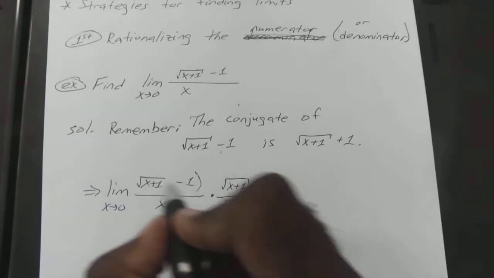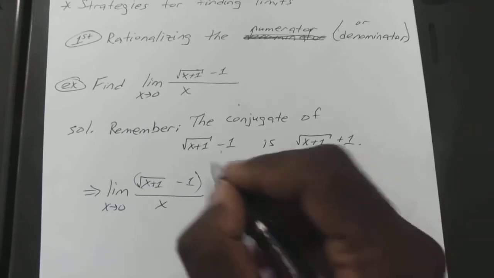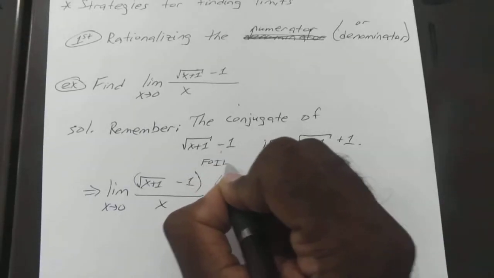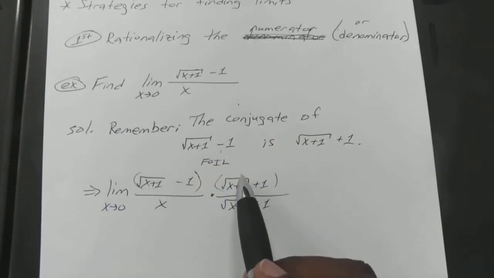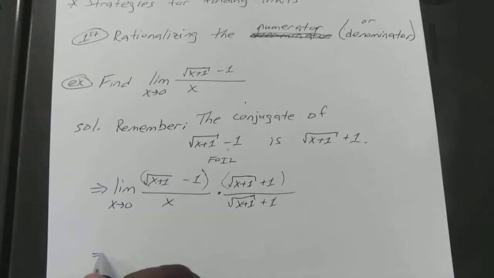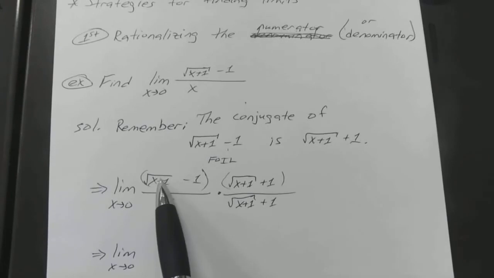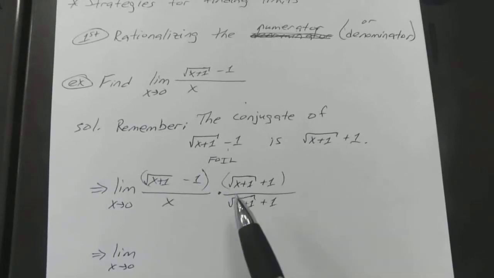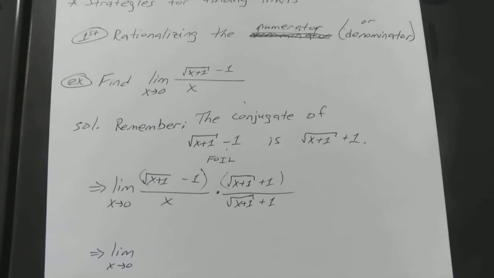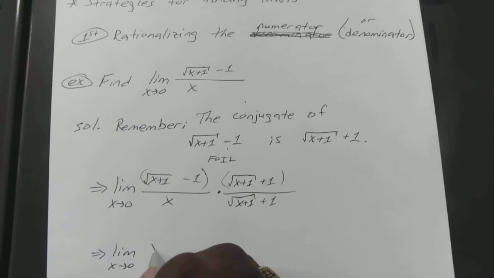Okay, if you multiply these two using the FOIL method, you have your first: the square root of x plus 1 squared. The square root and the square cancel out, so that leaves x plus 1.